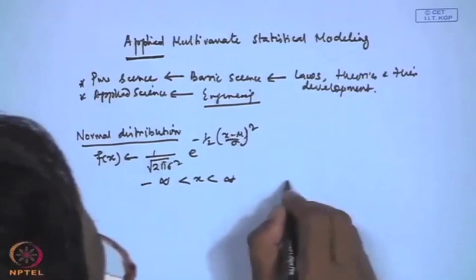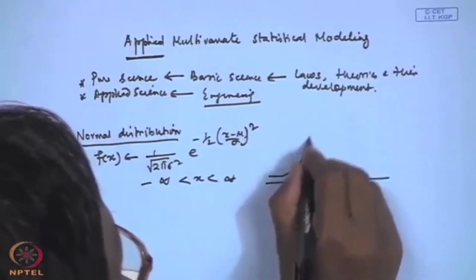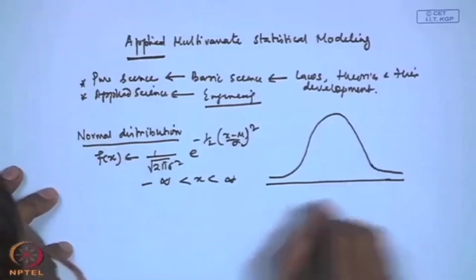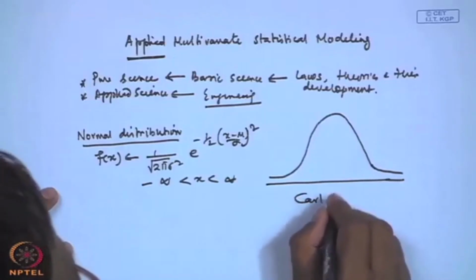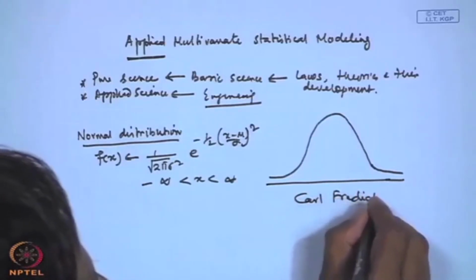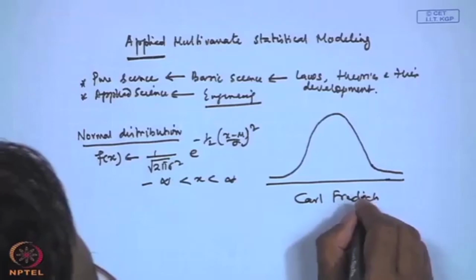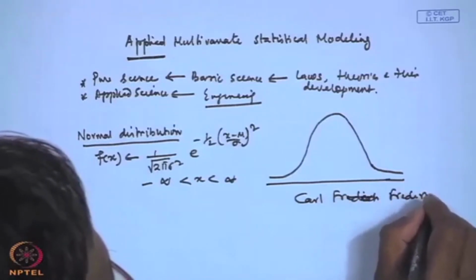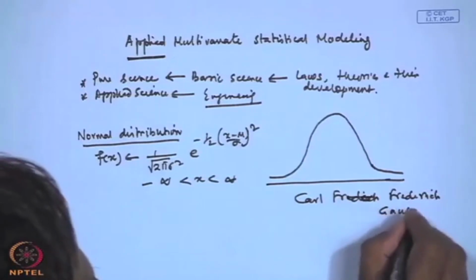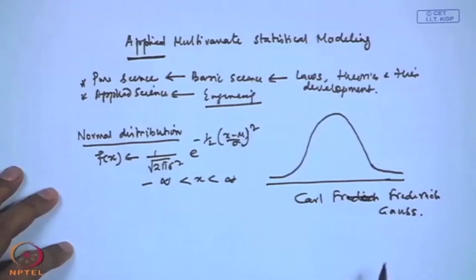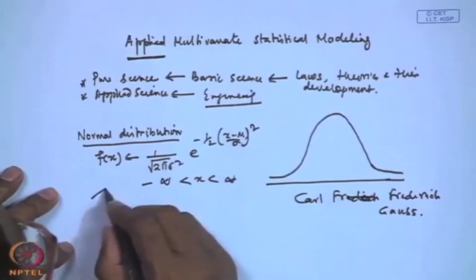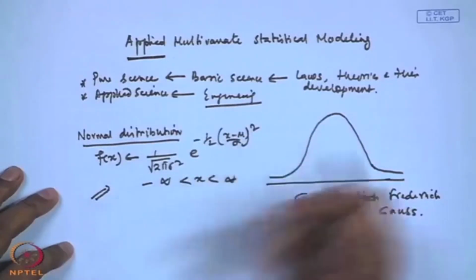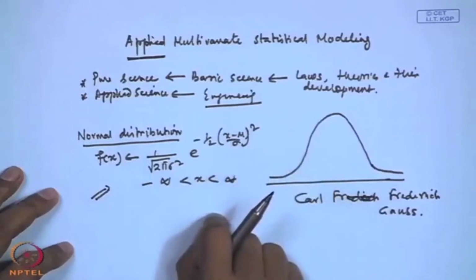Now, this is the so called bell shaped curve, which was developed by Carl Friedrich Gauss. The theoretical development. So, there has been development of these types of distributions, and it comes under basics.